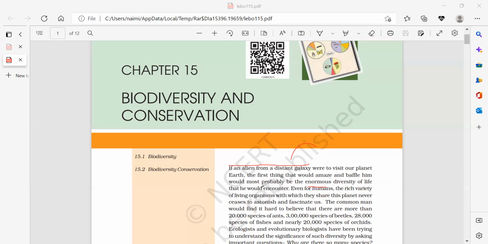This variety of living organisms includes the biotic component of the biotic system, you can say.